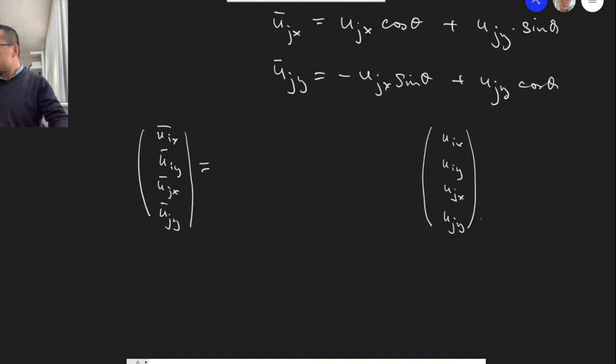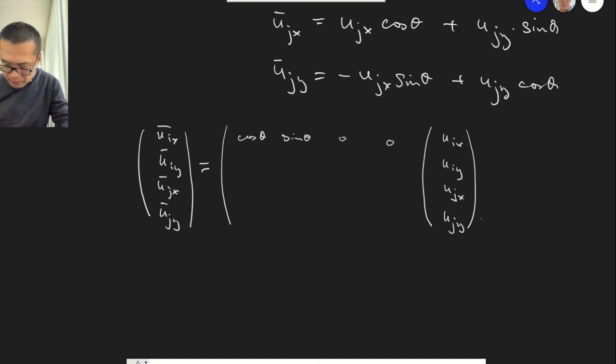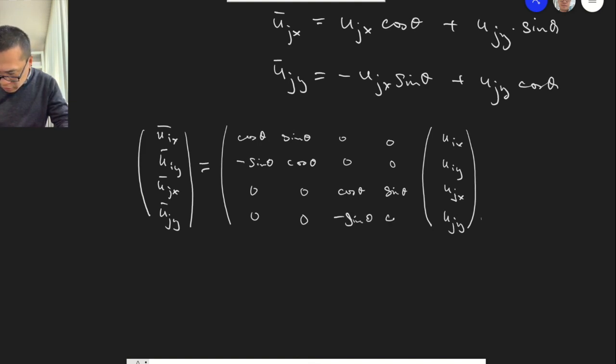In this case, this is cos theta, sin theta, 0, 0; minus sin theta, cos theta, 0 and 0; 0, 0, cos theta and sin theta; 0, 0, minus sin theta and cos theta, right?